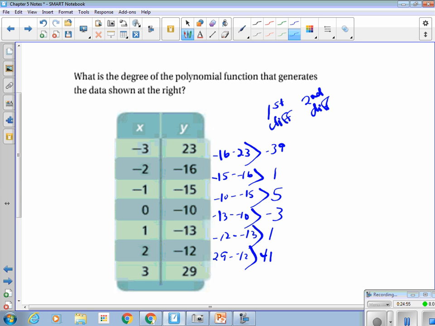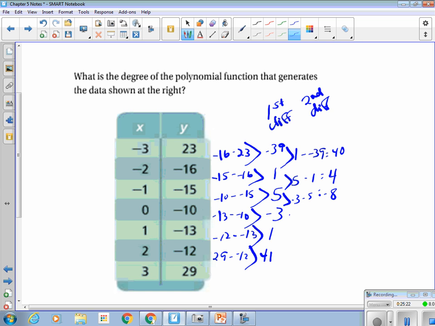So you go 1 minus negative 39, which is 40. So between these two, I got 5 minus 1, which is 4. Then I have negative 3 minus 5, which is negative 8.